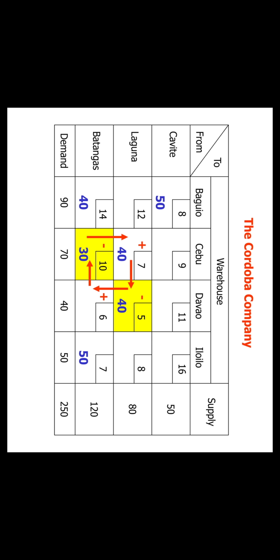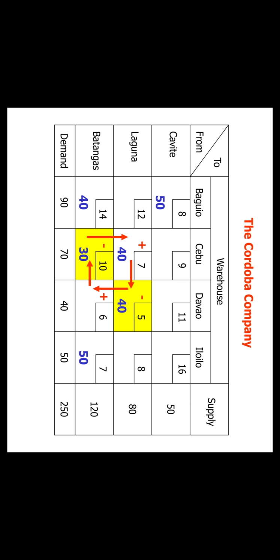So for the unused cell that has a cost of 6, in the next tableau, that cell would now contain the value 30. In the used cell with a cost of 5, originally it contains 40 shipping units, but it has been assigned a minus or negative sign. So 40 minus 30, it would now contain 10 in the next tableau.